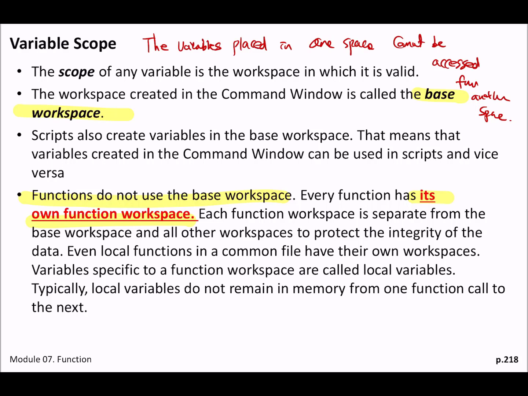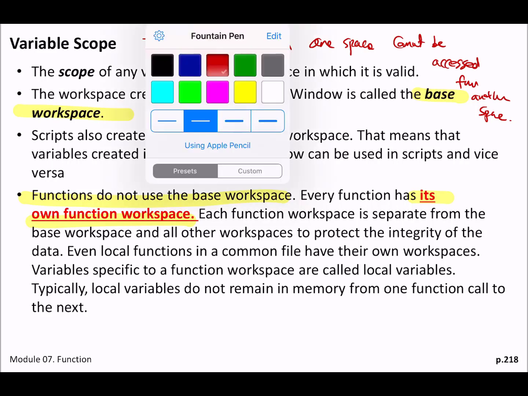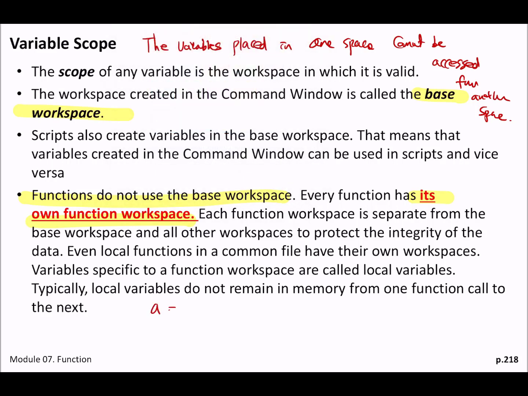In this sense, there's another benefit for using the function. Do you remember the swapping operation? So let's say A is 10, B is 20. How to swap these variables? This is a very simple example.